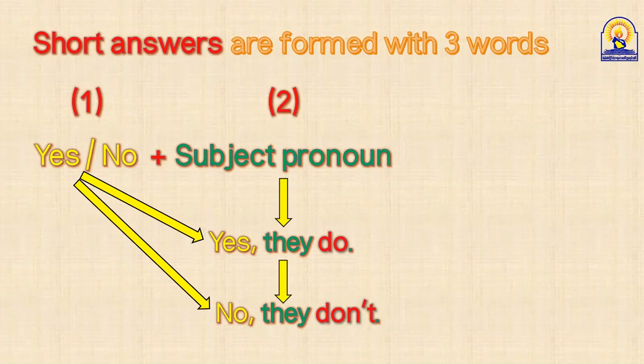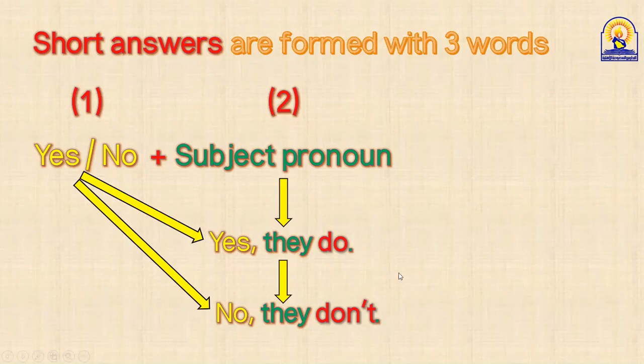So Ghamdi, I hope you are still there. Number 1, if you want to make a correct short answer, start with yes or no. Number 2, use one of the subject pronouns like they, you, he, she, it, and so on. Number 3, what is this? Do, don't. Where did we see do, don't, does, doesn't, did, didn't, can, could, shall, should?